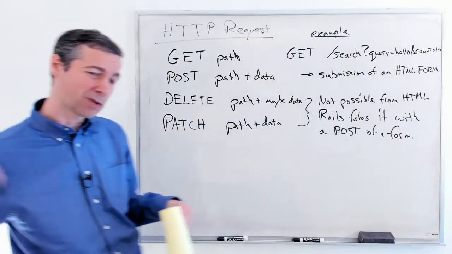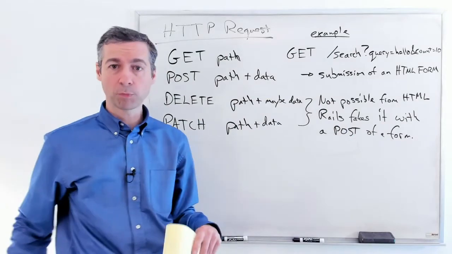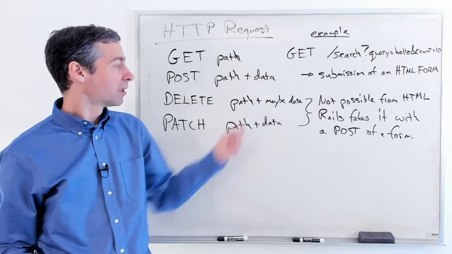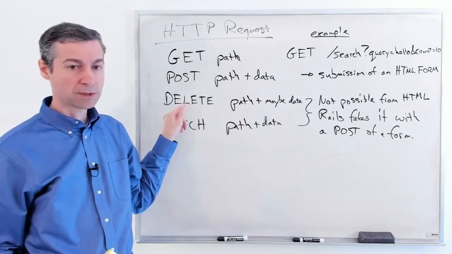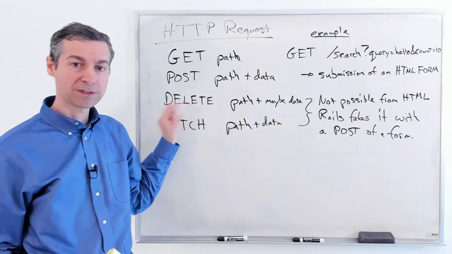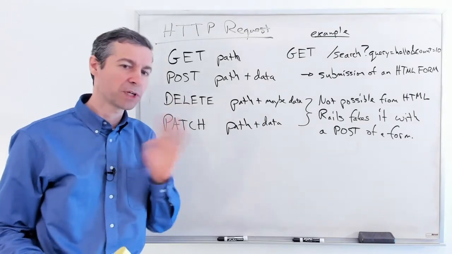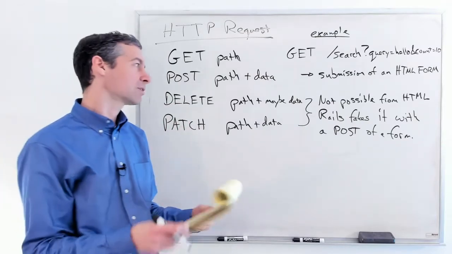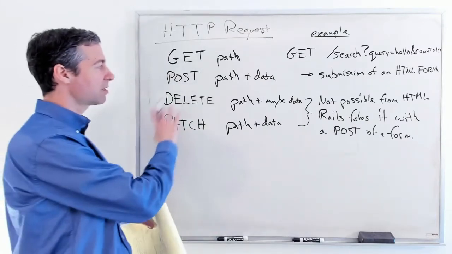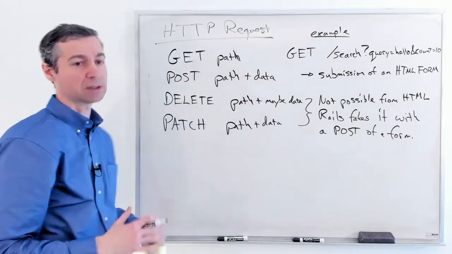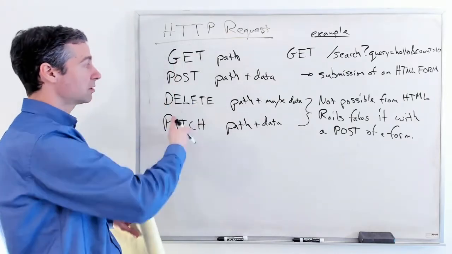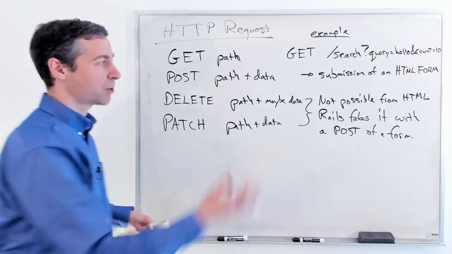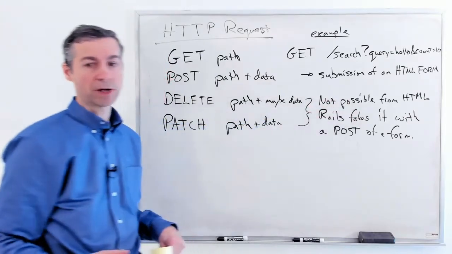It's really going to go across the wire as a POST request, but as part of that data that comes along, Rails helps us and includes a little bit that says, hey Rails, this is really a DELETE, or this is really a PATCH. Okay, so it's a nice way that we get to build out our web app being able to respond to these HTTP requests, even if we have an HTML interface with a web browser.